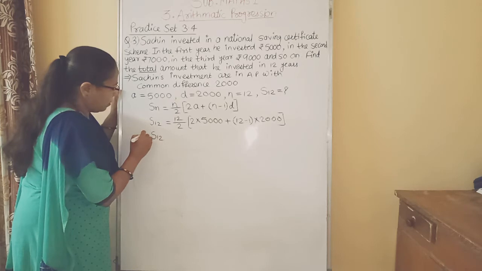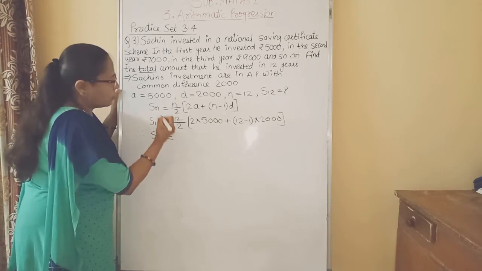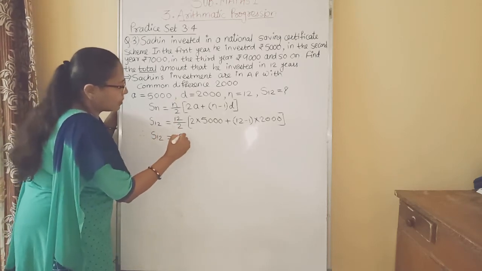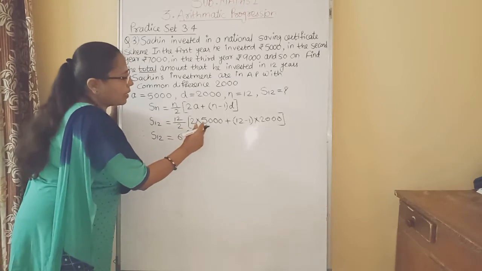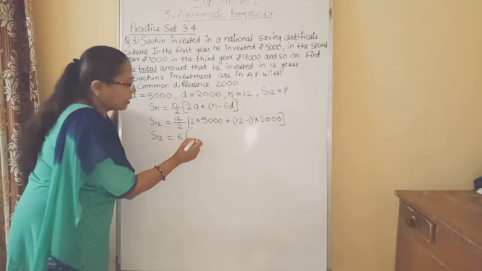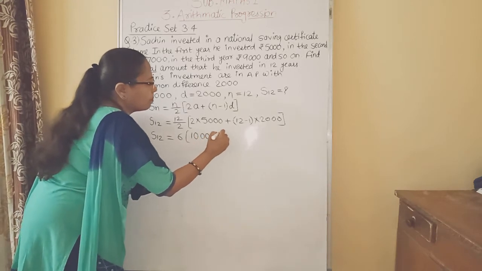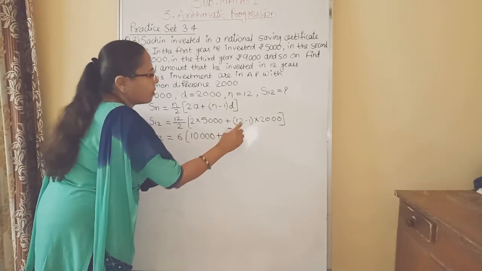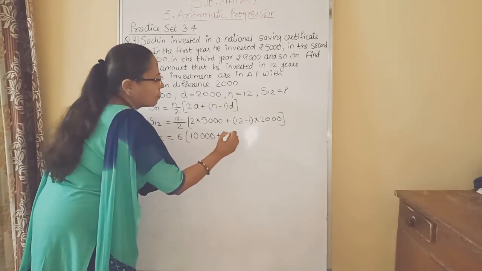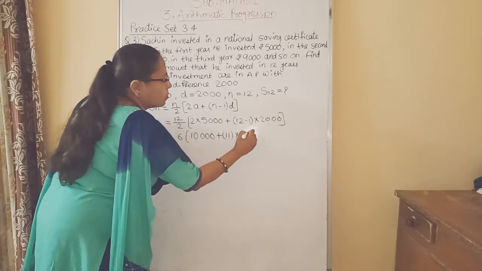Therefore S12 is equal to 12 divided by 2, 6, into 2 multiplied by 5,000, 10,000, plus 12 minus 1, 11 into 2,000.